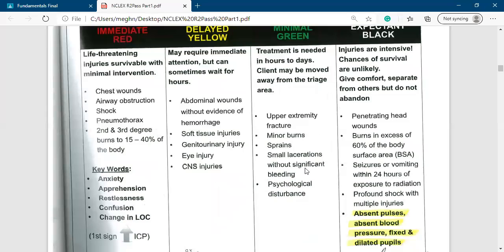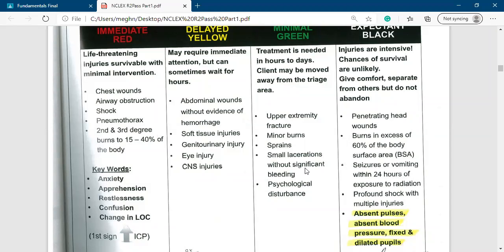An example of class 3 or green tag is upper extremity fracture, meaning your two hands broken, upper extremities.